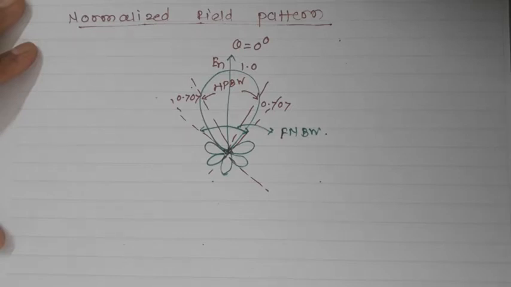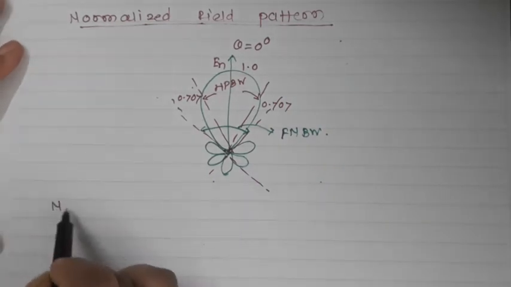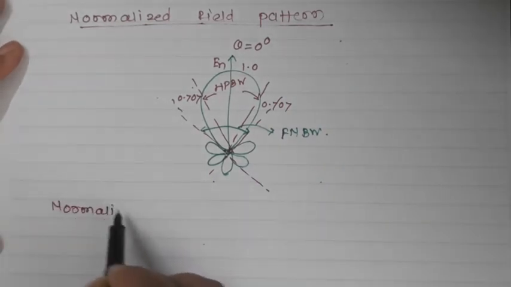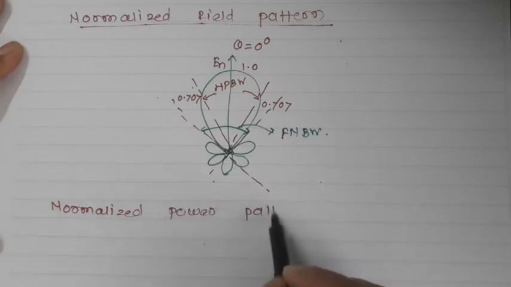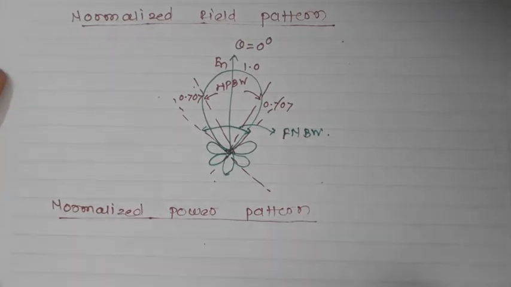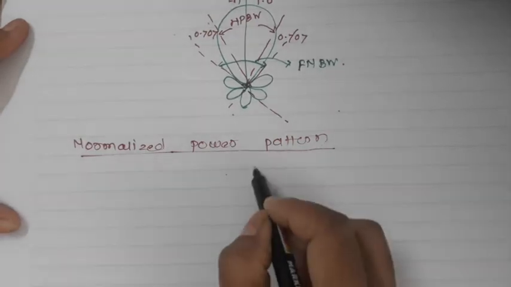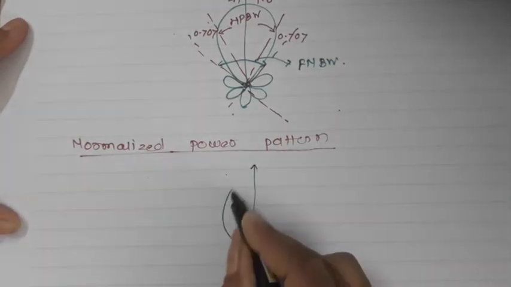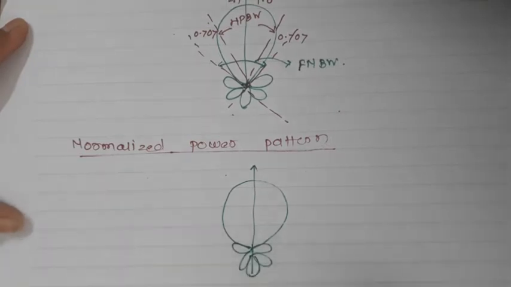The maximum field I am getting is 1. When I am talking about the normalized power pattern, the same kind of graph will be there, of the same nature. I am getting my major lobe over here, the minor lobes, and the back lobe also over here.